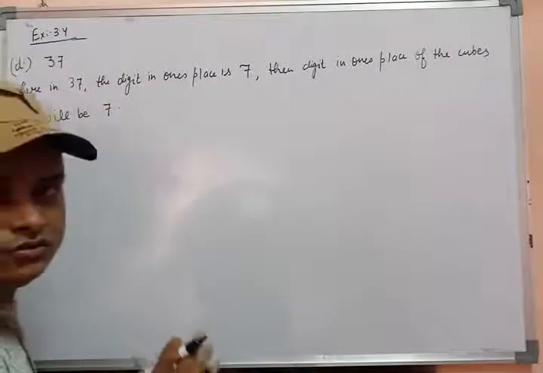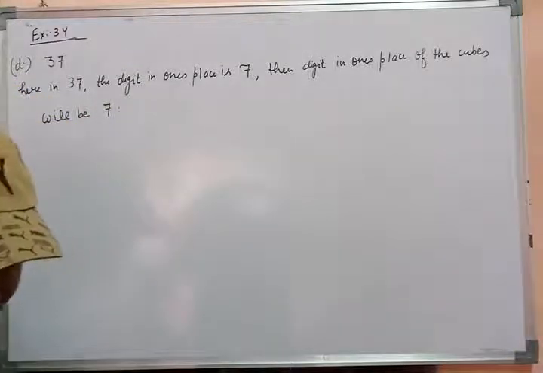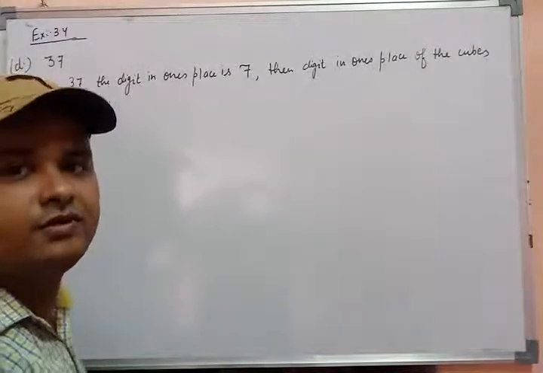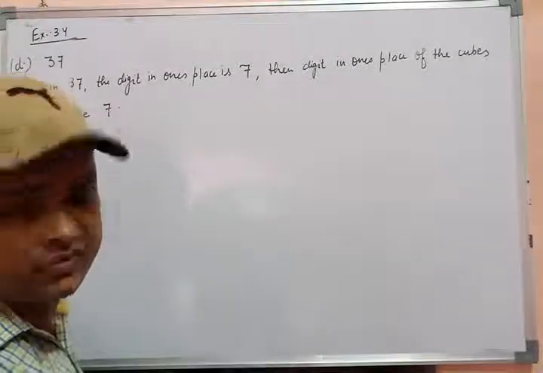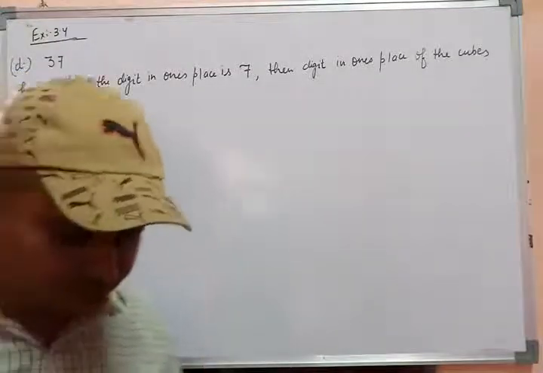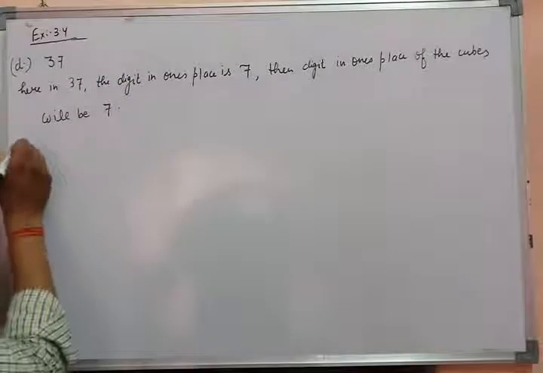Okay, so all the remaining questions you have to solve by yourself with the help of the concept which I gave in the previous segment. Now we have to move on to question number 3.